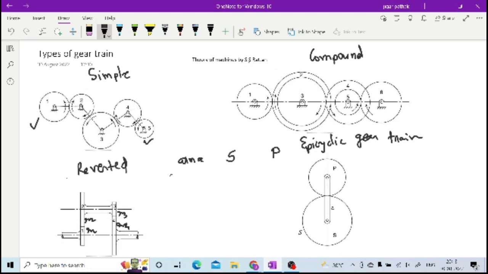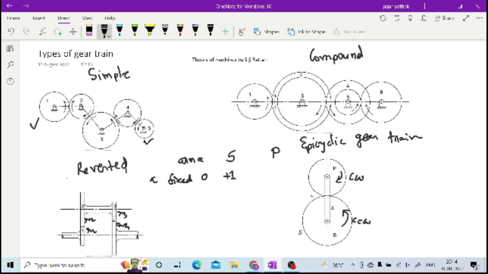So if you consider that arm A is fixed, it is not going to provide any motion. Since A is fixed, the speed of arm A is 0, and you are giving +1 revolution to S. We are going to consider counterclockwise as positive, and P is going to rotate clockwise because of external contact.